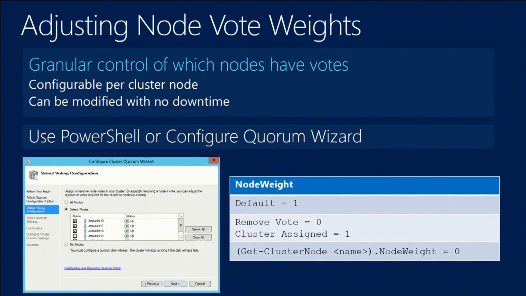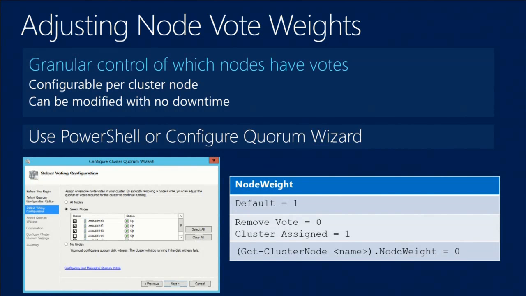In terms of configuration, you can do it through PowerShell or through the Cluster Quorum Wizard. I will be demoing this Cluster Quorum Wizard configuration a few slides later, but it's really a simple checkbox.